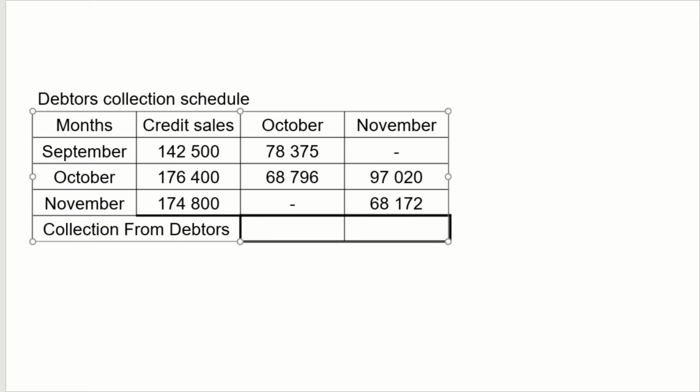So right over here you're just gonna put the dash. All right, then you're gonna total these out. Then after totaling them out, you're going to post them to your cash budget. All right, and after totaling these out, you're gonna get them as the collection for the month of October will be 147,171 rands.